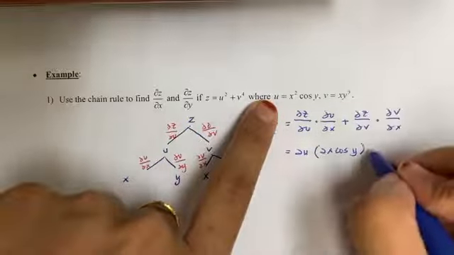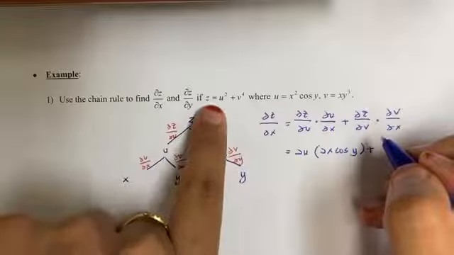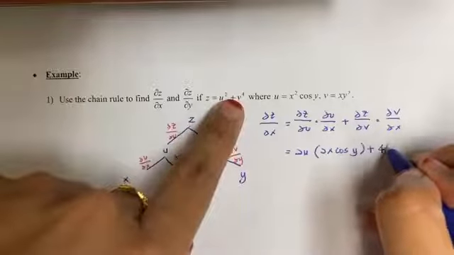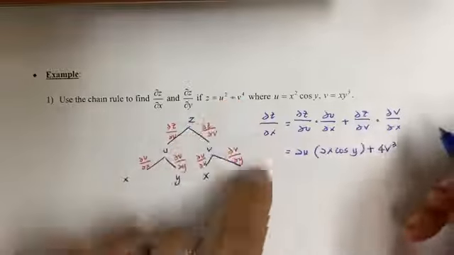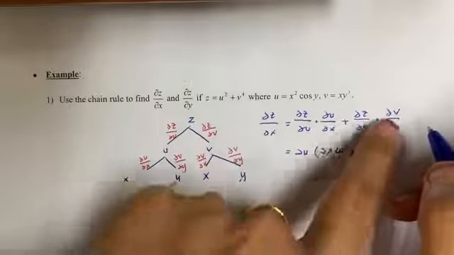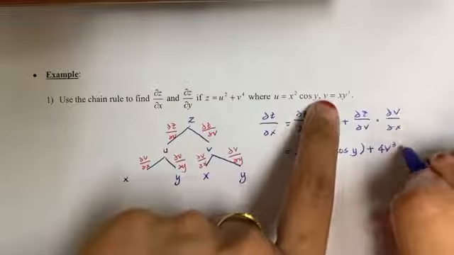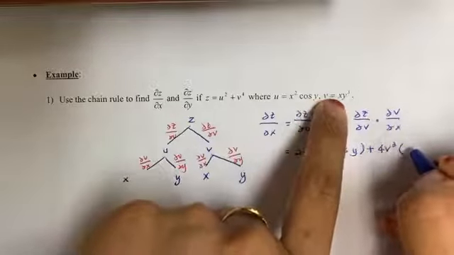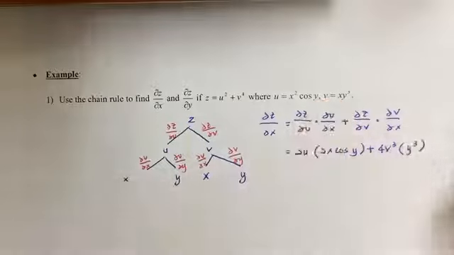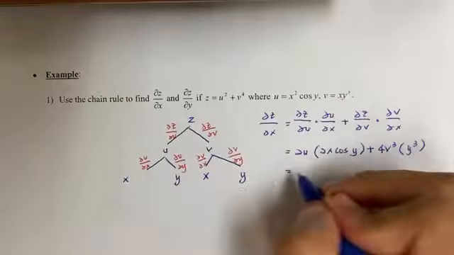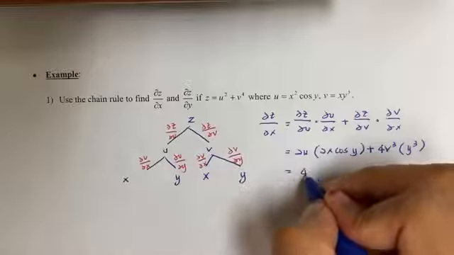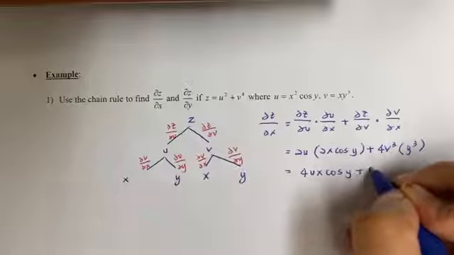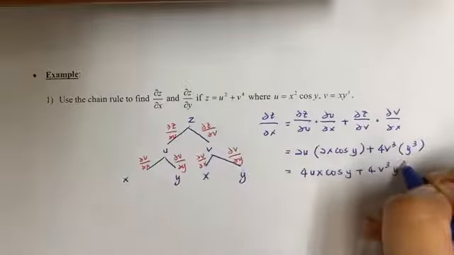Plus, differentiate z with respect to v, so you have 4v cubed, multiplied by del v over del x, which is y cubed. So the answer from here is 4ux cos y plus 4v cubed y cubed.